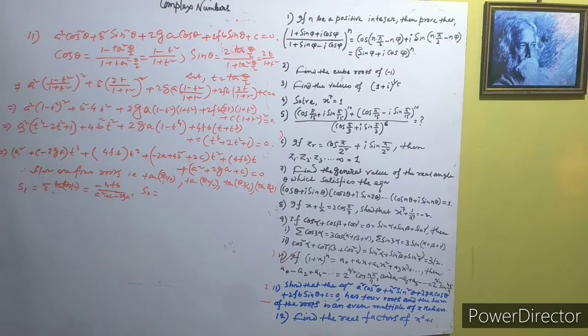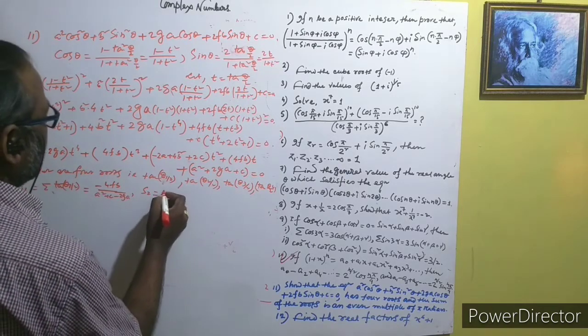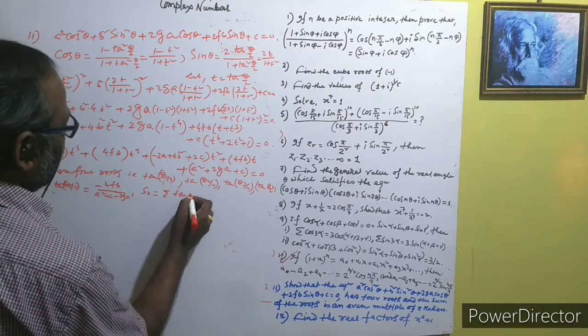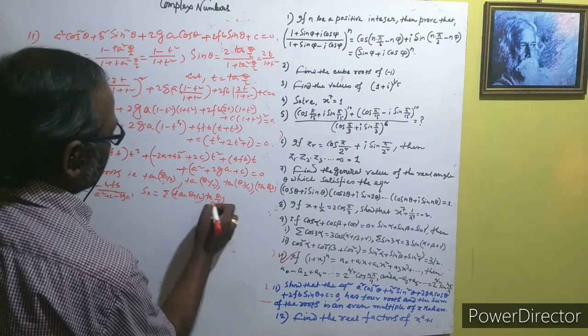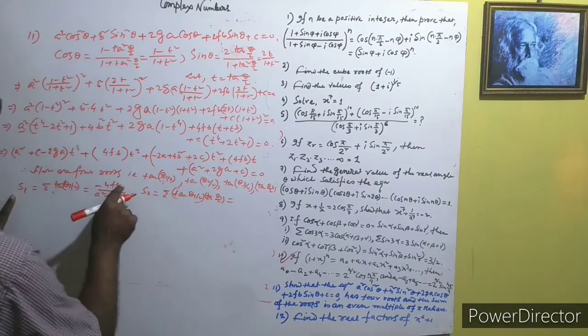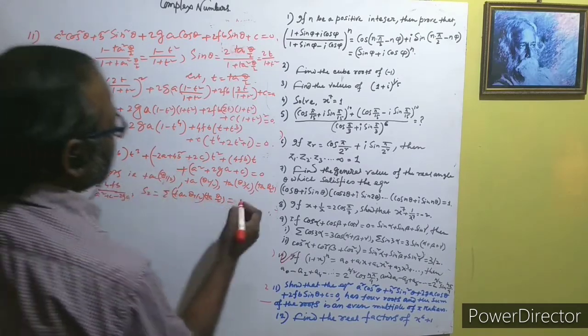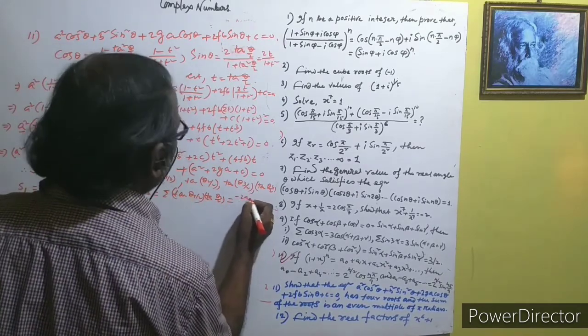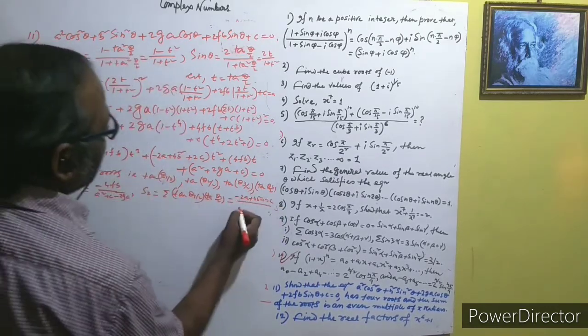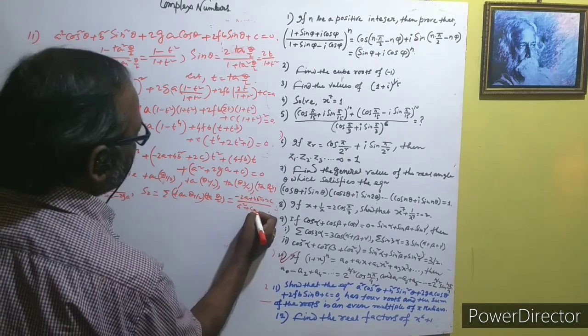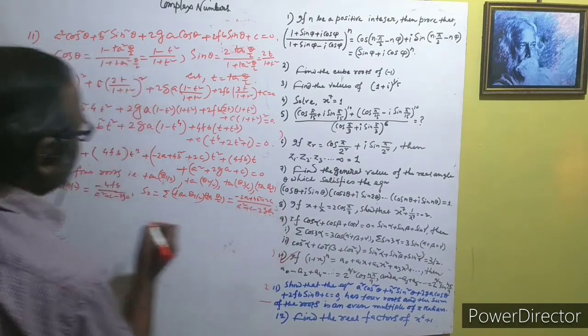Okay, 1, 2, 3. And this is the summation of tan theta 1 by 2 into tan theta 2 by 2. And this is minus 2a, 4b square plus 2c by a square plus c minus 2ga.